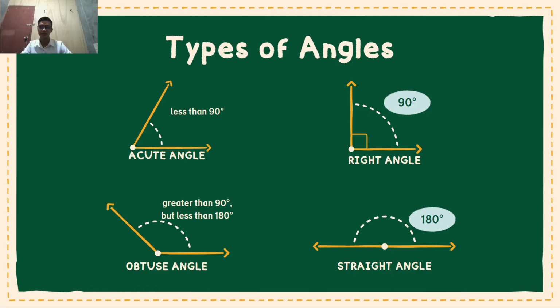And last but not the least, we have the straight angle. It is exactly 180 degrees. On the next slide, I'm going to present some examples regarding the types of angles or the kinds of angles. All right.